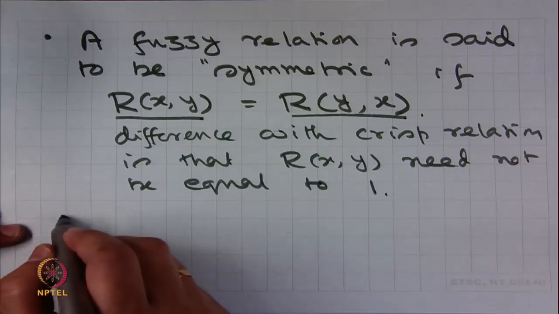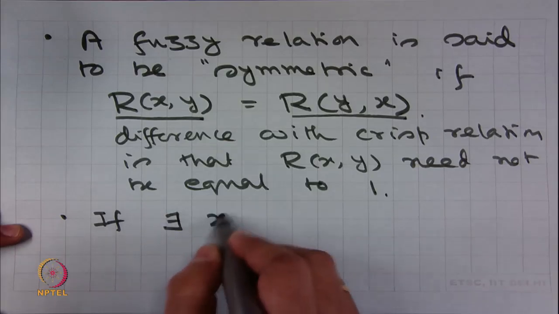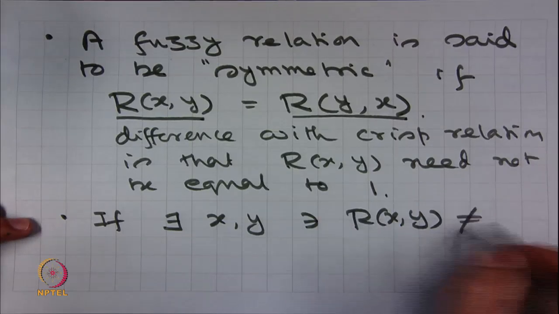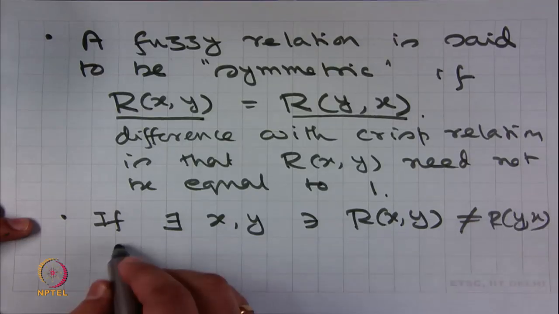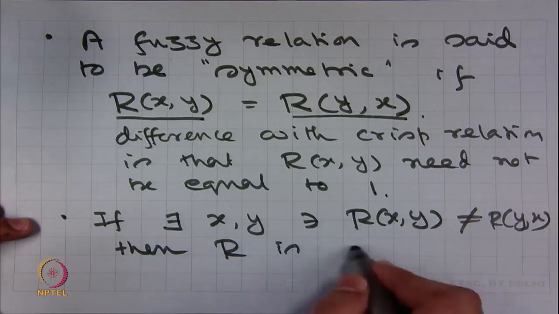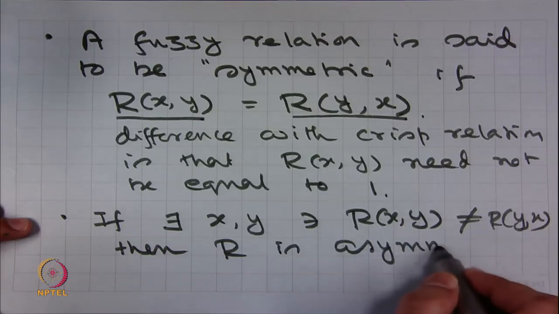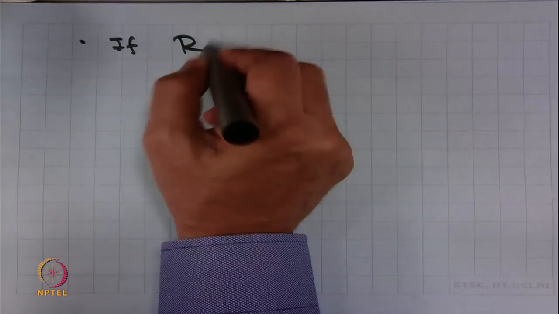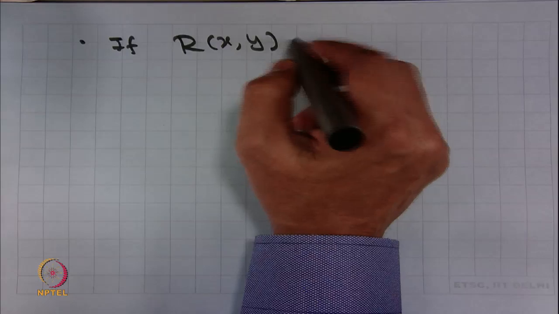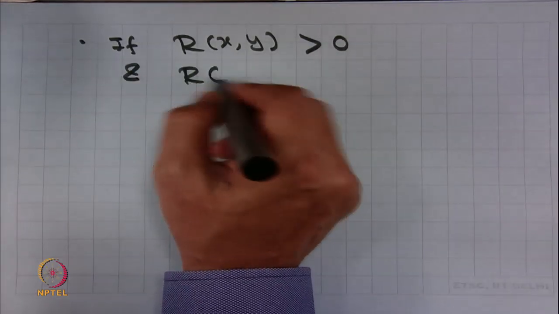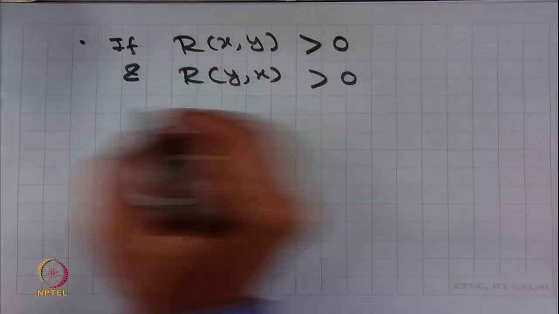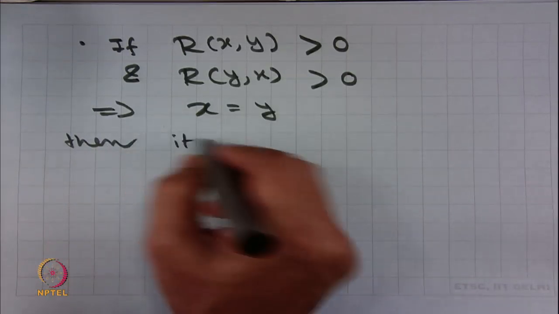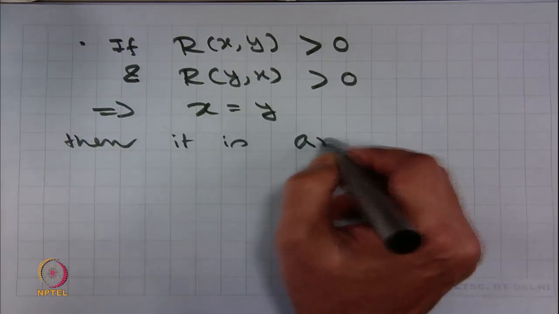Similarly, if there exists x, y such that R(x, y) is not equal to R(y, x), then R is asymmetric, and if R(x, y) greater than 0 and R(y, x) greater than 0 implies x is equal to y, then it is antisymmetric.